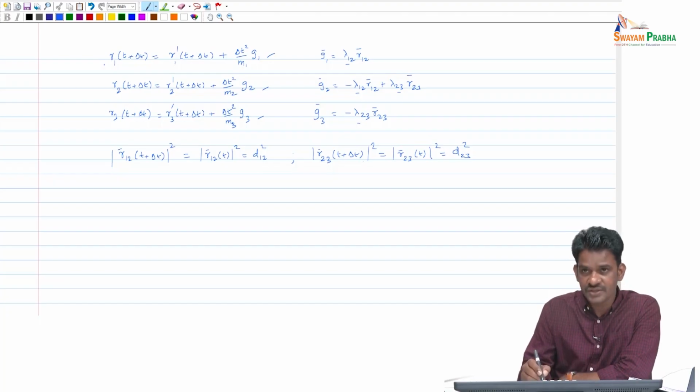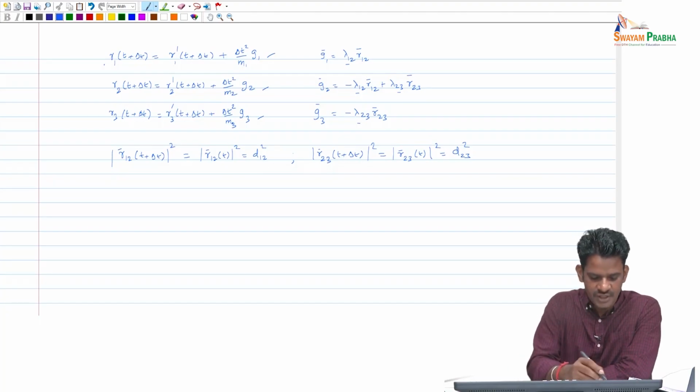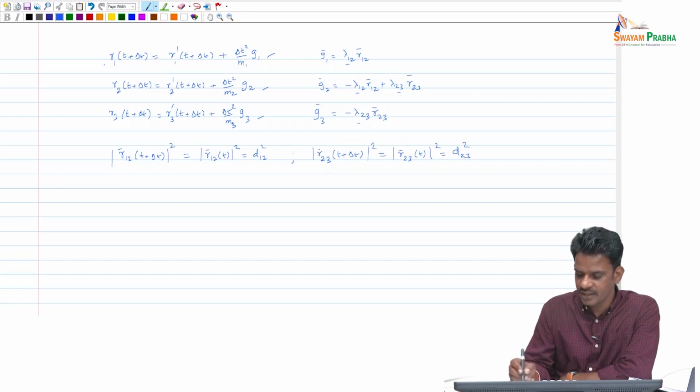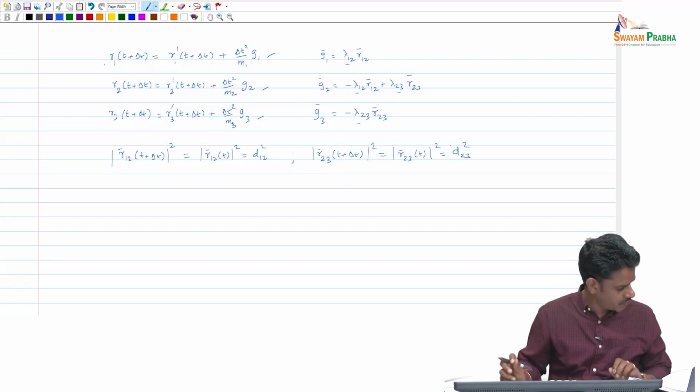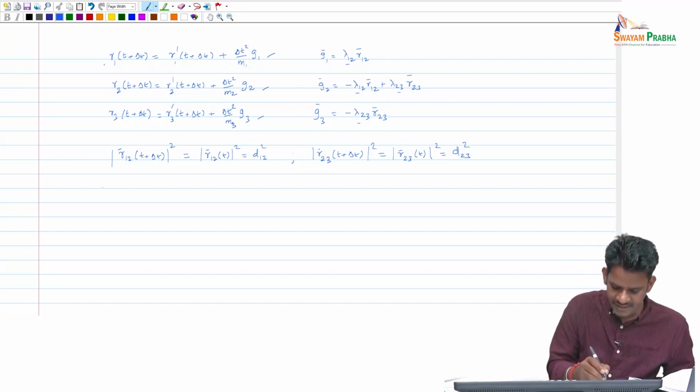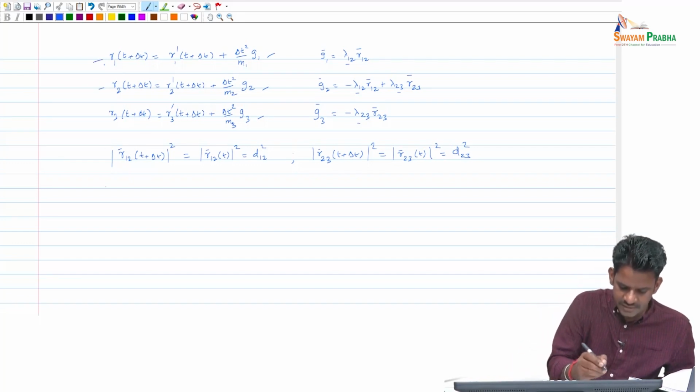Similarly, for the other constraint, we subtract R2 minus R3, take the magnitude, square it and equate that to d23 square. When you do that, you have a set of quadratic equations, and that will allow you to solve for the Lagrangian multipliers.